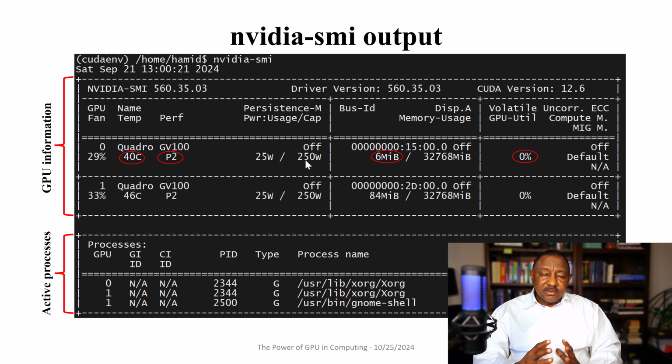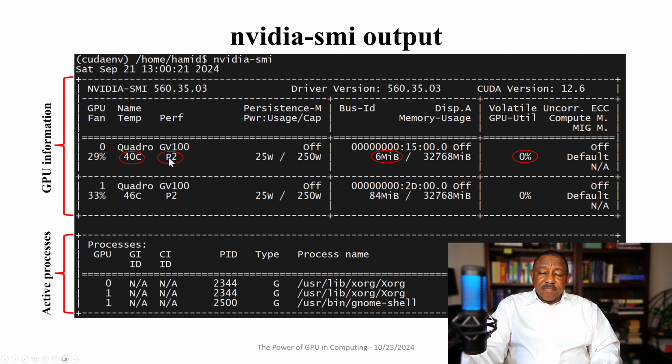The most used information is the ones we circled here, like the temperature is 40. It should be around this, which means it's fine. It shouldn't get to something like 95, which means the temperature is very high and should be reduced.